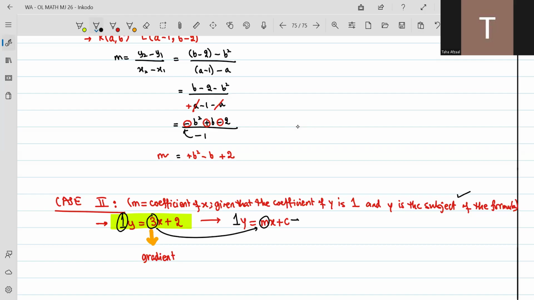And c is the constant, it is also the y-intercept, and y-intercept is the point where the graph intersects the y-axis. Let me write this point down.